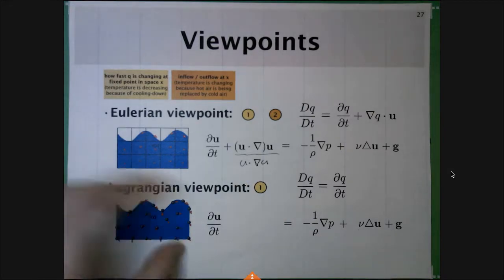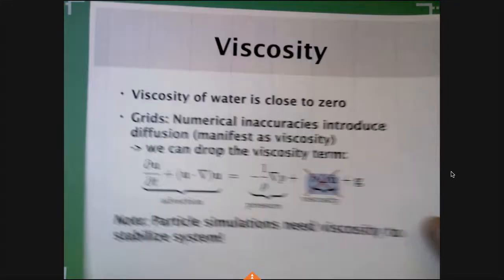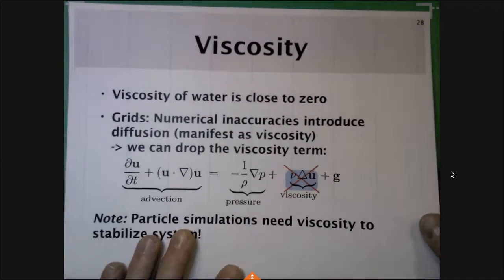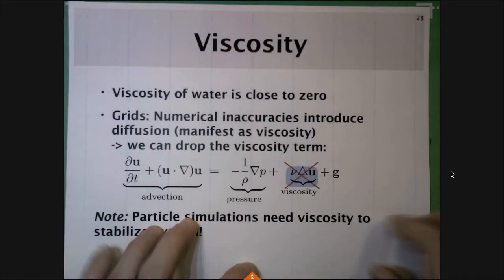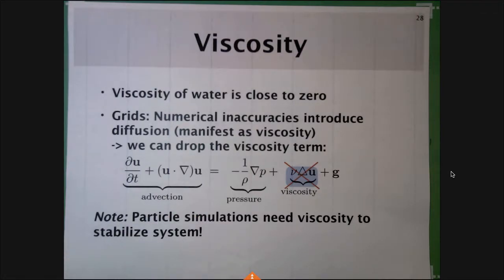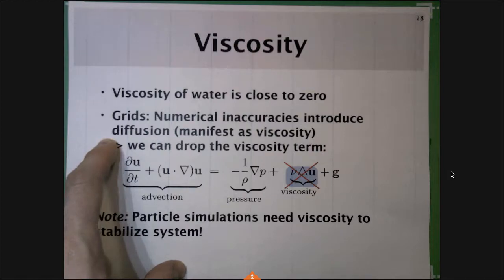So, the viscosity is something. The viscosity of water is small, so we typically ignore it. As I said, we typically have the opposite problem.